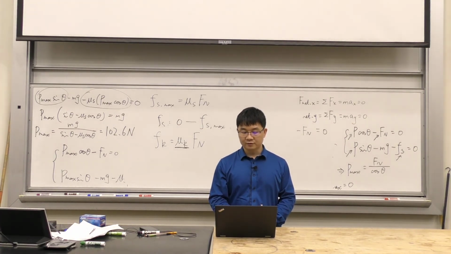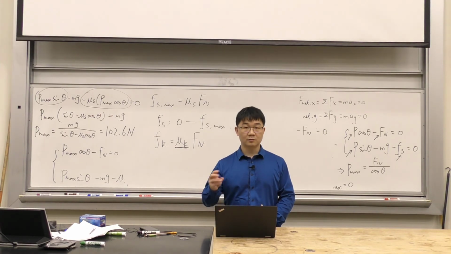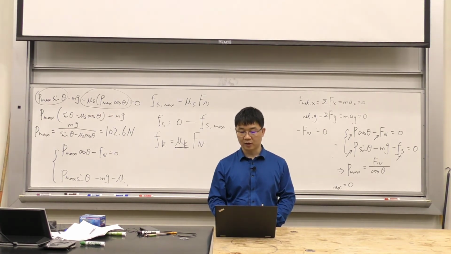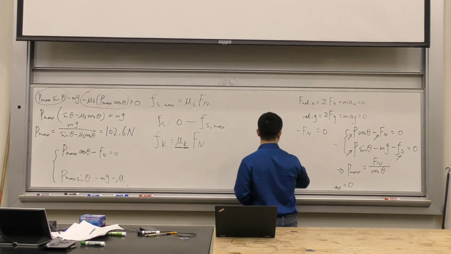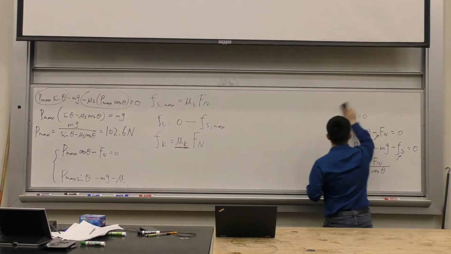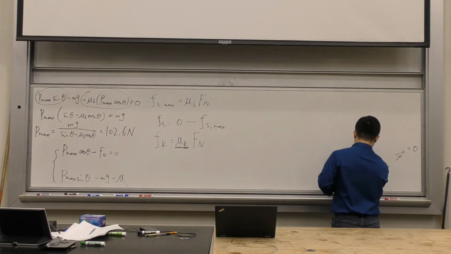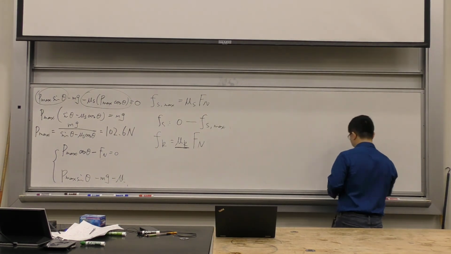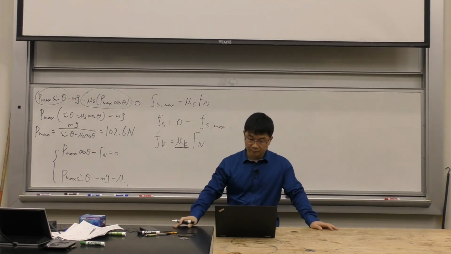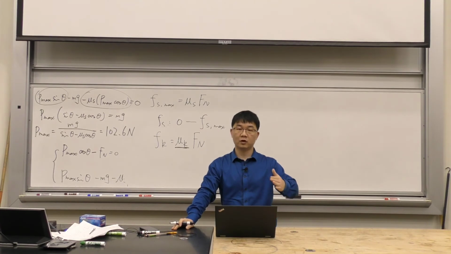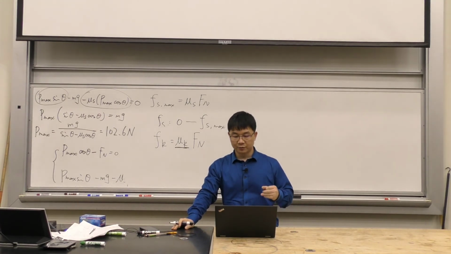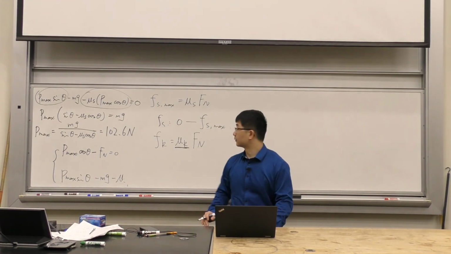But we're going to connect M1 to another mass on the other side through a pulley. How do we use this experiment to determine the coefficient of kinetic friction between M1 and the incline?